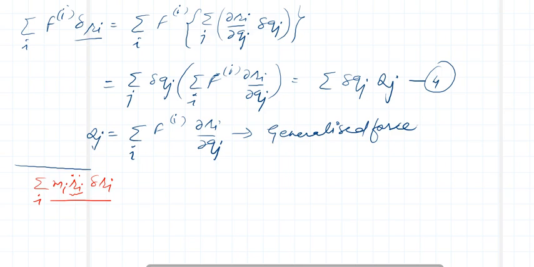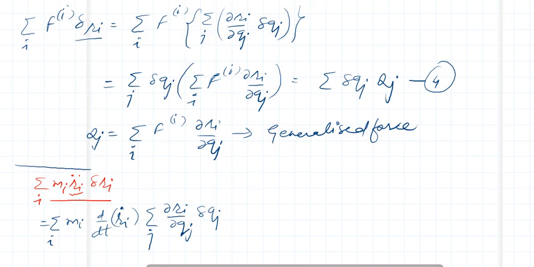So this is equal to summation over i of mi d over dt of ri dot, and its value will be summation over j of curly ri over curly qj delta qj.